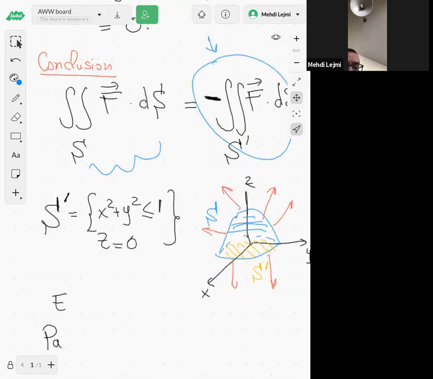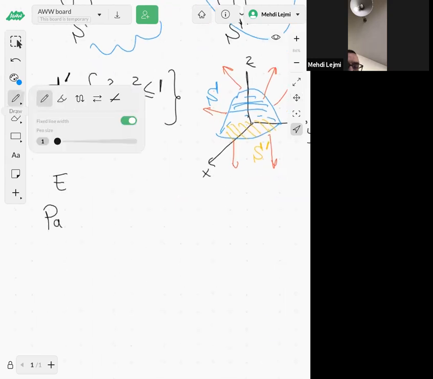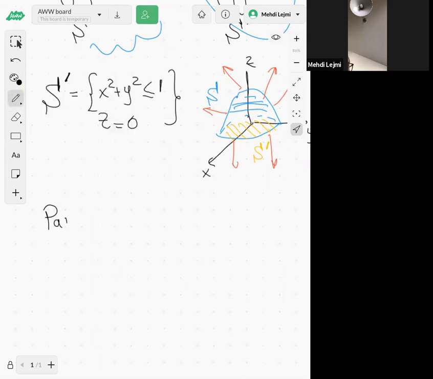So we need to parameterize S prime. S prime is very easy to parameterize, it's the inside of the circle. So that's phi of r, theta. We already did this.